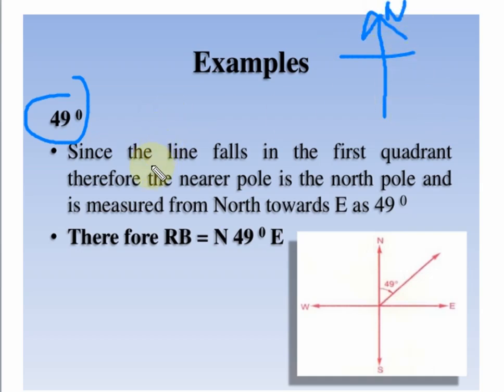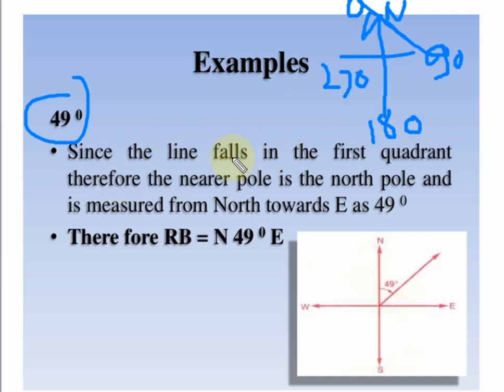As we know, north is 0 degree, here we have 90, here 180, and here 270, and 0 and 360 are nearly the same.